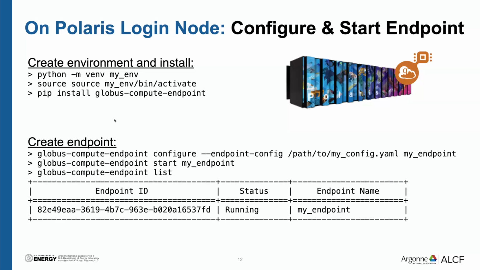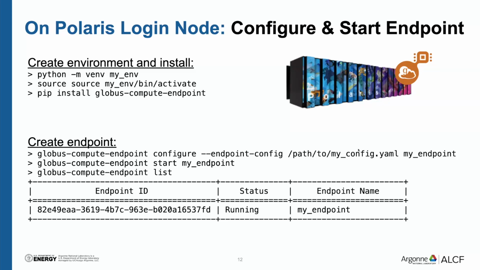Once you have that installed, using that environment, you will configure the endpoint with this command. And you need to give it a configuration file, which will be a YAML file with a bunch of options. And we'll see an example of that in a second.